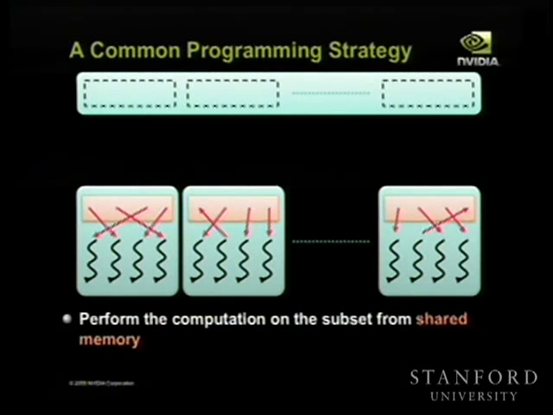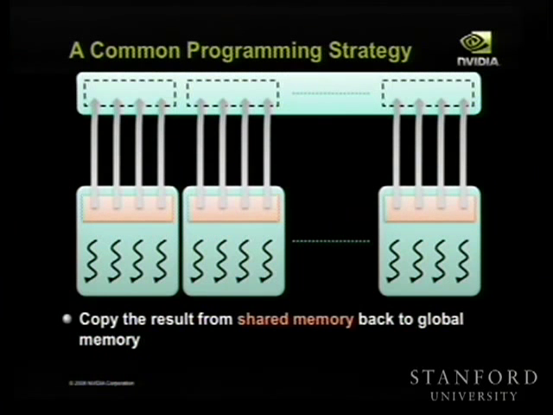Maybe using sync threads if we need to synchronize. Maybe using the atomic operations if we prefer to do that. But the point is, this is a much faster way to access your input. And then finally, at the end of the day, we're going to copy that result from shared memory back into the global address space.